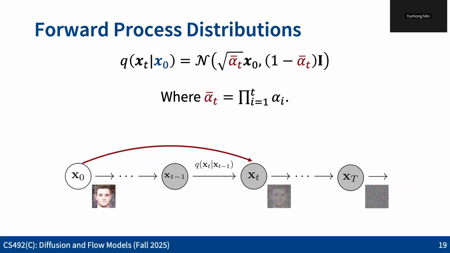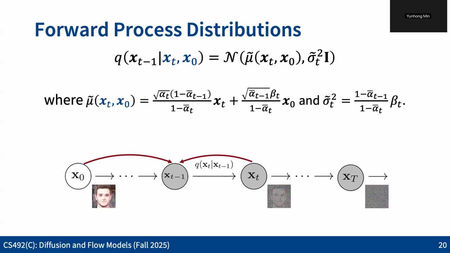This means that without doing any iterative process in the fold process, we can directly sample xt from the x0. That's something you really need to remember. While we will need to do the iterative process in the reverse generative process, in the fold process we don't need to do any iteration. We can directly sample the xt from the x0. That's one interesting point, right?